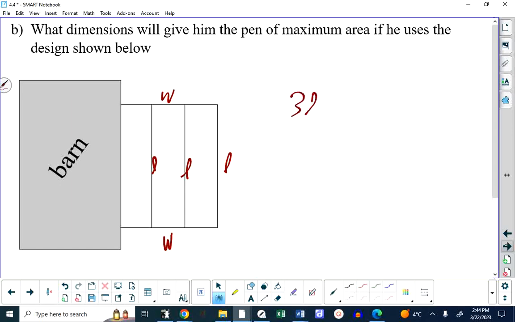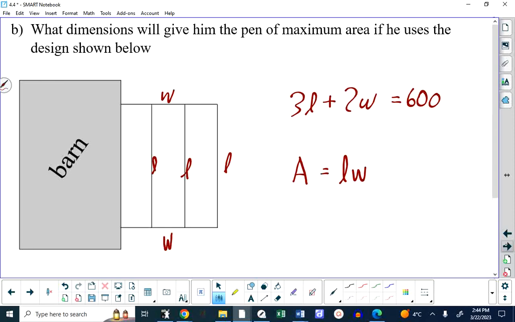is 3L plus 2W equals 600 as the equation of constraint. We're still maximizing area, so we still have to get rid of L or W. And I think it's a coin toss here. I don't think it really matters. Because if you rearrange for L, you're going to have thirds somewhere.